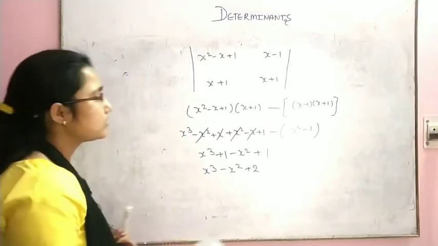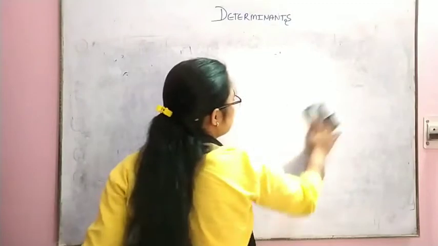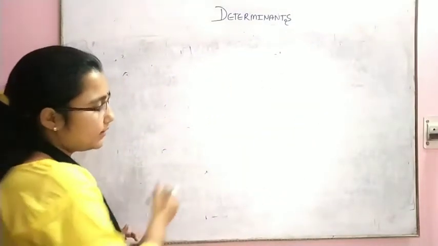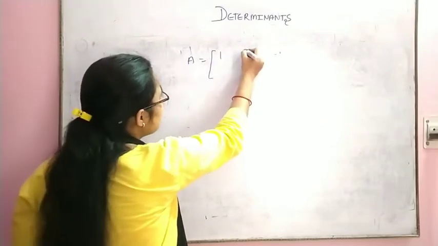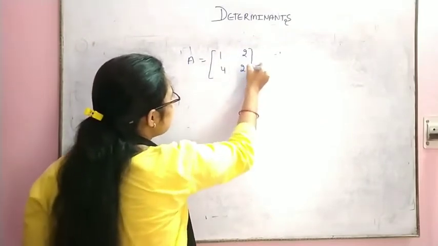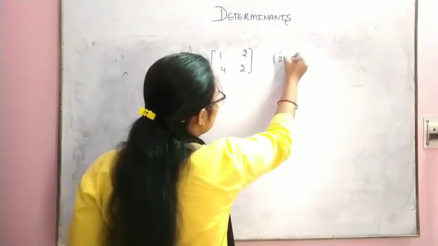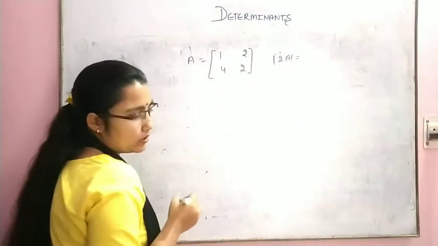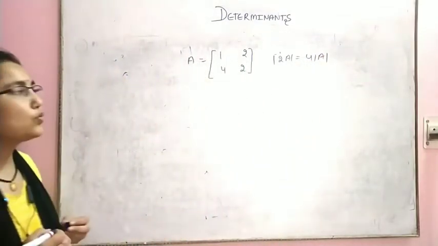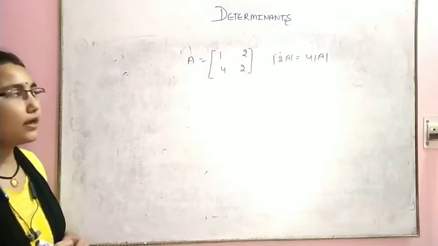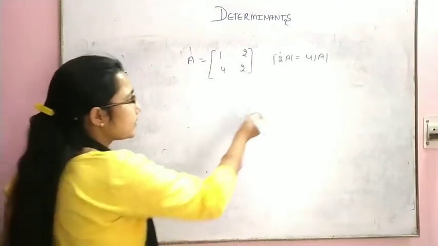Now come to the next question. If A is given to you, matrix 1, 2, 4, 2, then show that mod of 2A is equal to 4 of determinant A. Determinant of 2A is equal to 4 of determinant A. So firstly, the matrix is given.